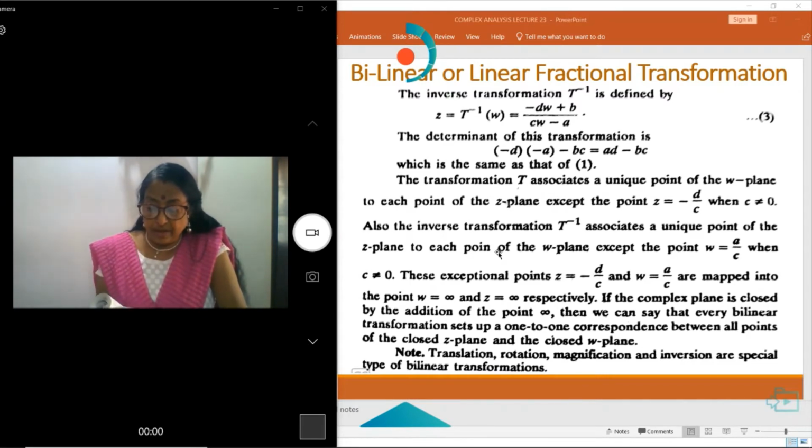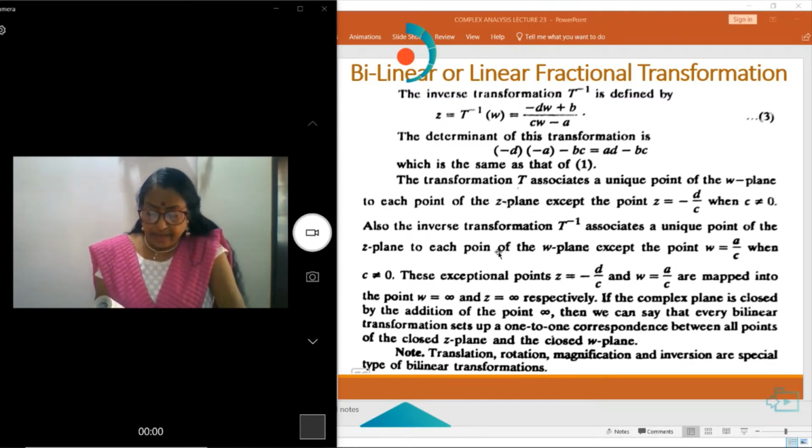Also the inverse transformation tau inverse associates a unique point of the Z plane to each point of the W plane except at the point W is equal to A by C. When W is equal to A by C, here also the denominator becomes 0 and the function becomes infinity, where C is not equal to 0.